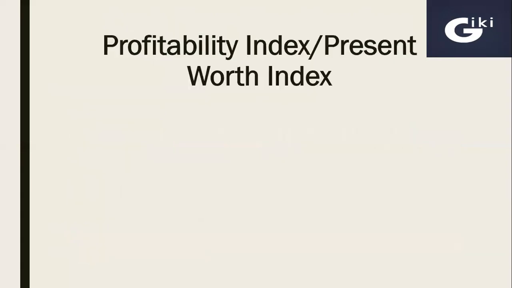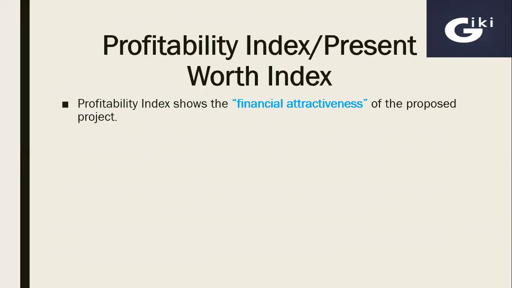Then we have profitability index or present worth index. We call it present worth index because this is also based on present worth calculations. Profitability index shows the financial attractiveness of the proposed projects, meaning in terms of profitability.